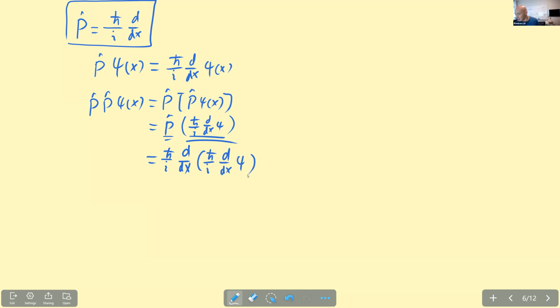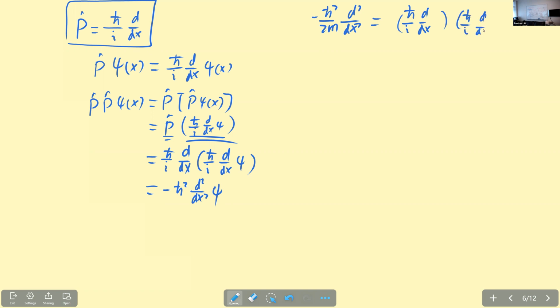Right. So that means you're going to have something like minus h bar squared d squared over dx squared on psi, right? So if we compare this to the term that we have in the Hamiltonian, in the Schrödinger equation, you can see that minus h bar squared over 2m times d squared over dx squared can be written as h bar over i d over dx, h bar over i d over dx, and 1 over 2m, okay?